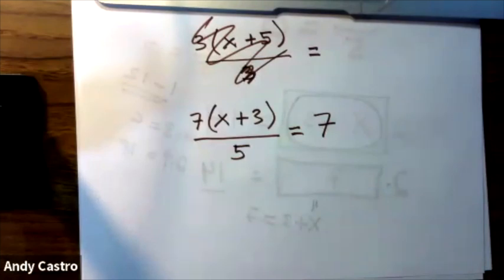All right. 7 times the quantity x plus 3 divided by 5 is equal to 7. What does x have to be?